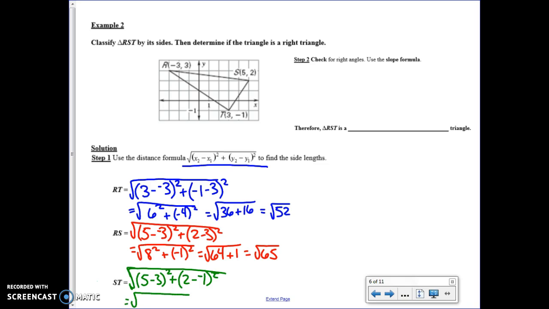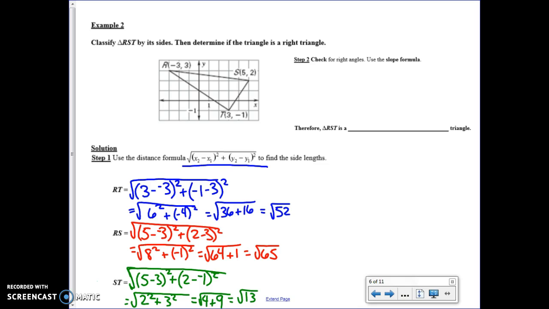Okay, so 5 minus 3 is 2. And then 2 minus a negative 1 is 3. So 2 squared gives me 4. And 3 squared gives me 9. So I have the square root of 13. So that tells me that none of the sides are the same. So if none of the sides are the same, flip back and look at classifying by sides. That means we have a scalene triangle.